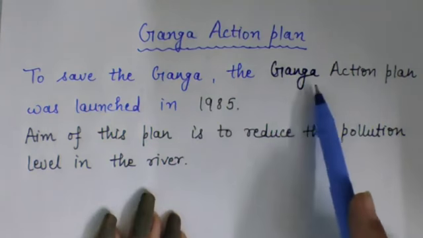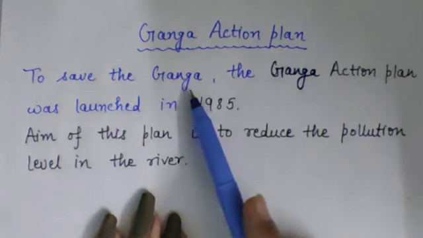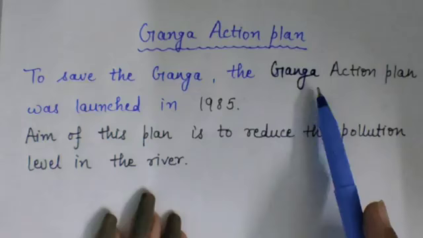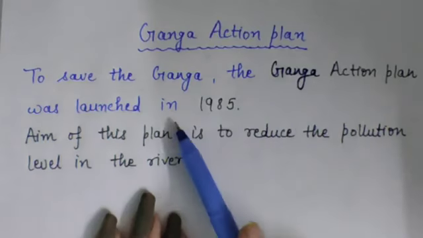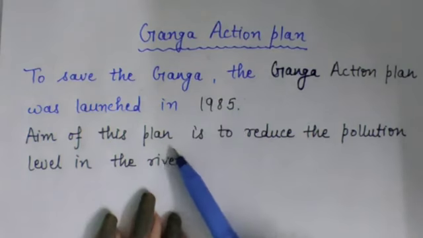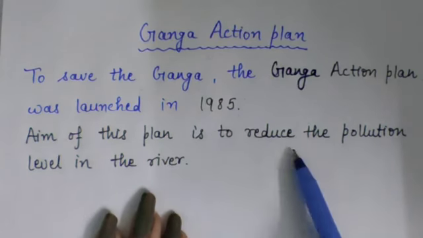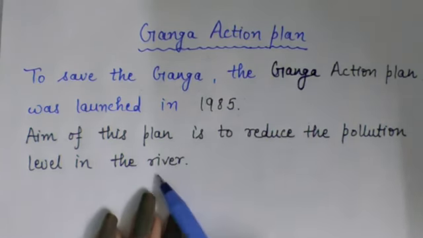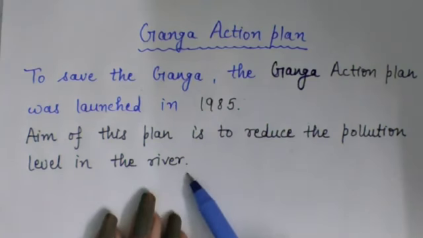What is the Ganga Action Plan? To save the Ganga, the Ganga Action Plan was launched in 1985. And the main aim of this plan is to reduce the pollution level in the river.